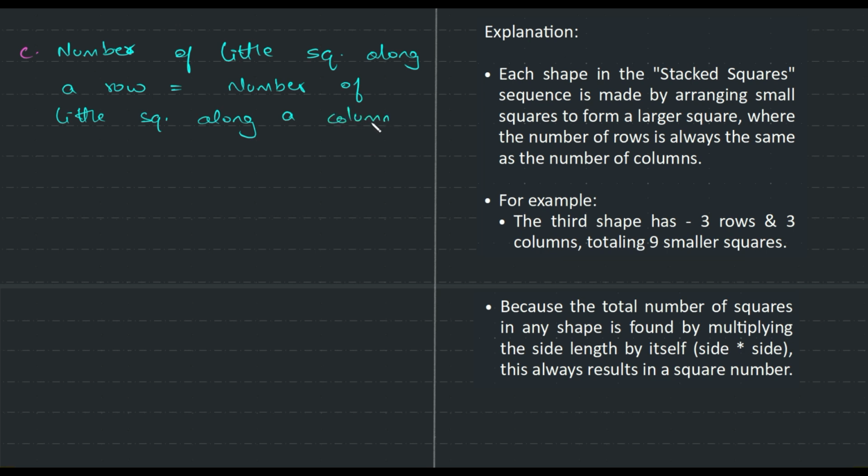So this being the case, the product always results in, thus, the number of little squares will result in a square number.